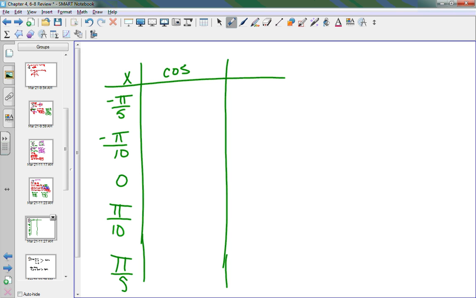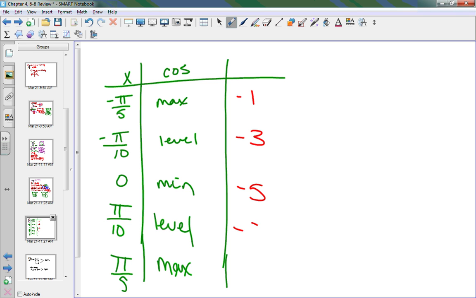Cosine looks like what? Max, level, min, level, max. Which means I'm actually going to have my max at -1, my level at -3, my min at -5, -3, -1.